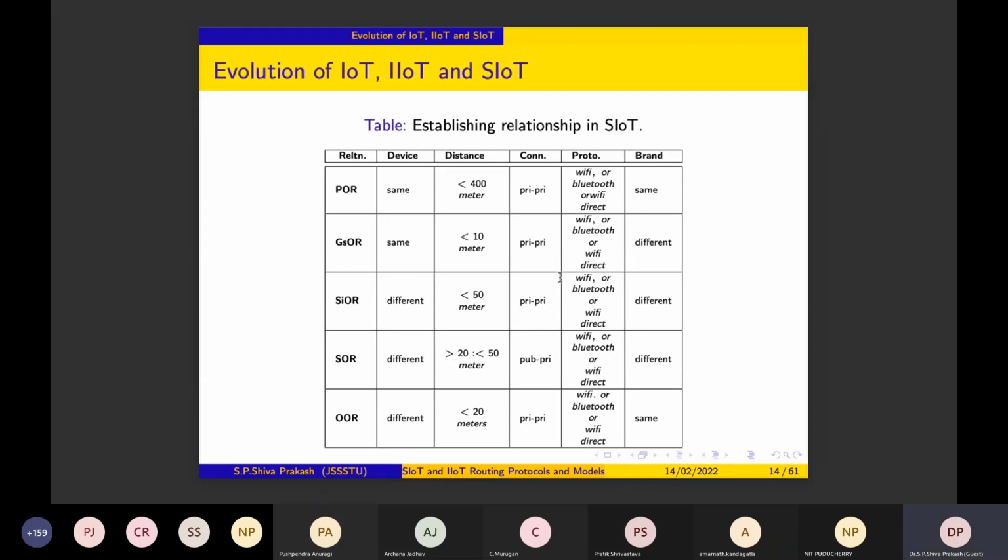Basically, this table showcases how we establish the relationship between the devices and the type of relationship.